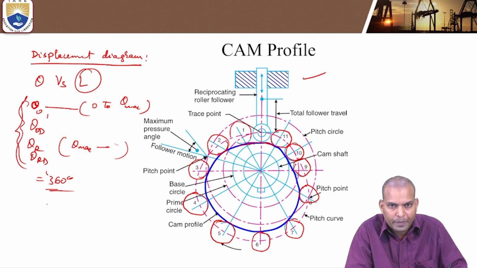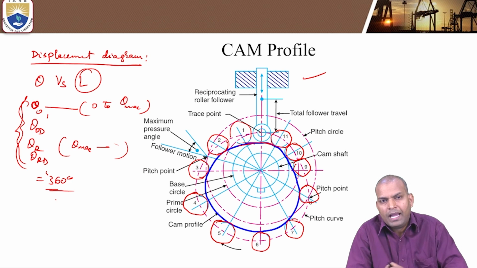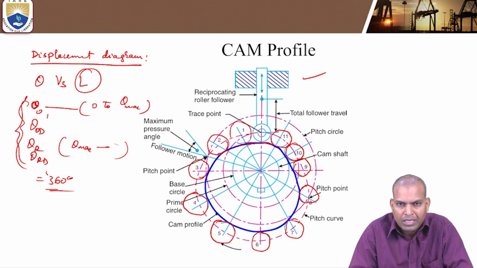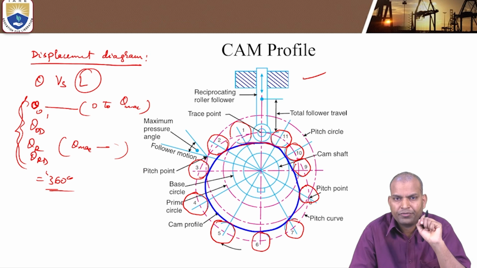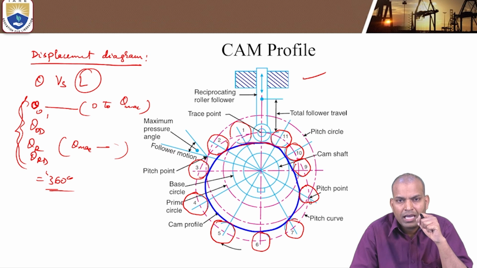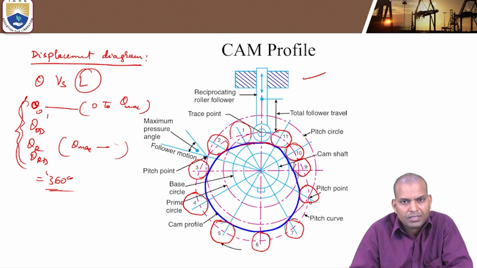The input parameters are the angles of rotation of a cam, that is the outstroke angle theta O, theta OD, theta R, theta RD, and the value of the lift of the follower, and the type of the follower, and the type of motion of the follower. And one more important condition is whether the axis of the follower is passing through the axis of the camshaft or not. If it is not, it is different.